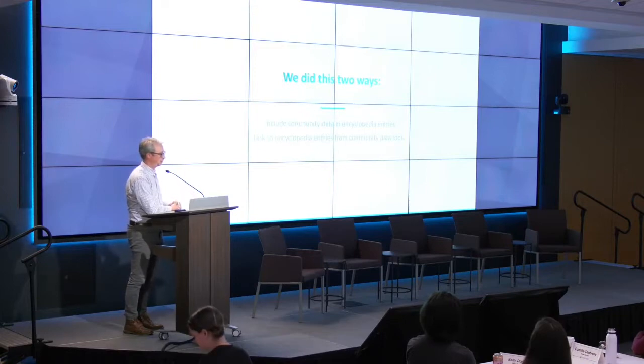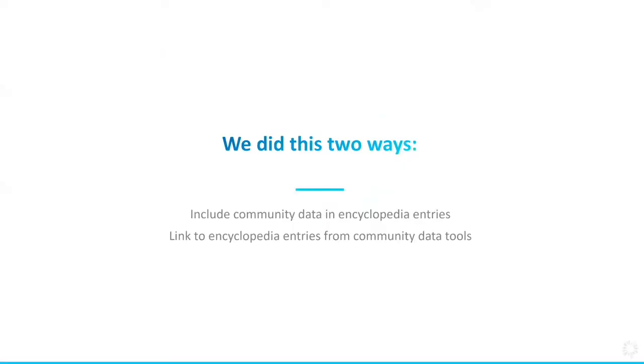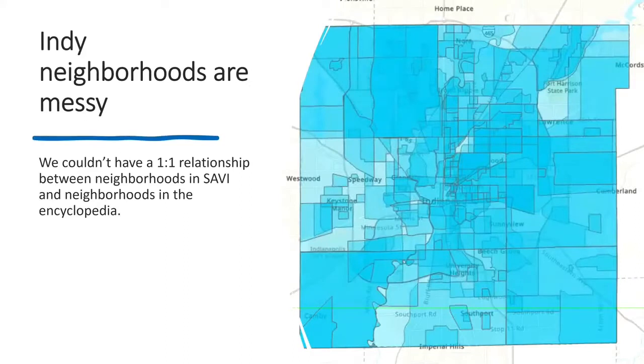We did this in a couple of ways. First, for some encyclopedia entries, specifically neighborhoods, when you read that piece in the encyclopedia, we've integrated community data. And going the other direction, when you select locations in our data tool, you can see neighborhood histories. But this process is geographically messy.